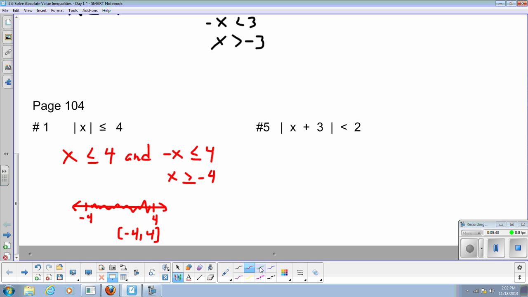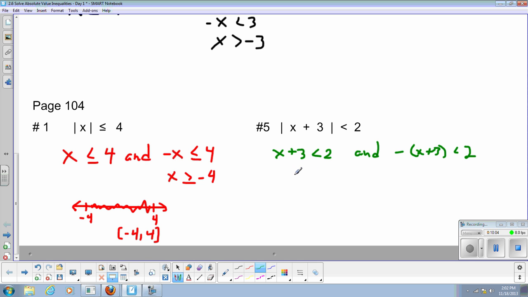For number 5, it would be this way. X plus 3 is less than 2, and the opposite of x plus 3 is less than 2. X plus 3 is less than 2.